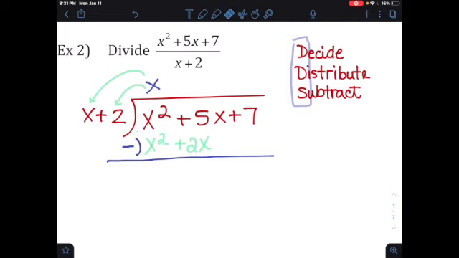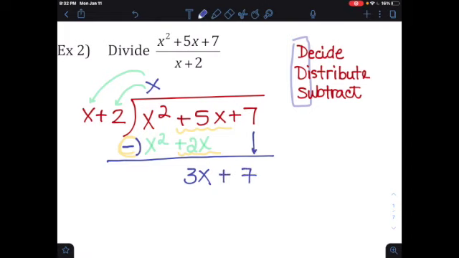Then the next step is going to be 5x. This is the 5x minus the positive 2x. So that's a 5x minus a positive 2x. So it's actually 5 minus 2. So that's going to give you the 3x. Since we don't have anything else to subtract, we're going to bring down the next term. So that's plus 7.